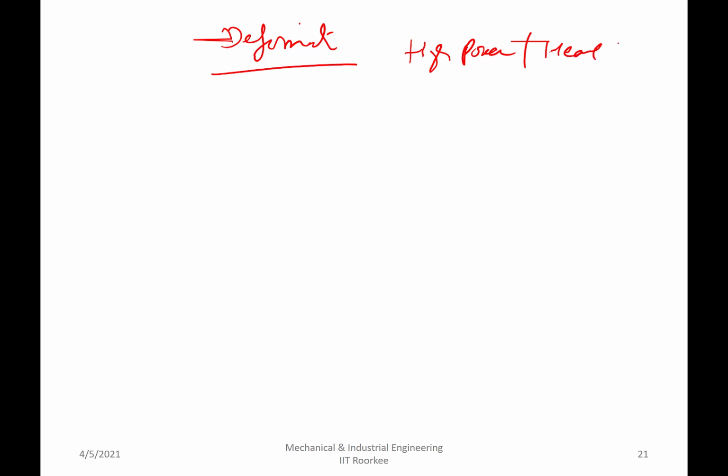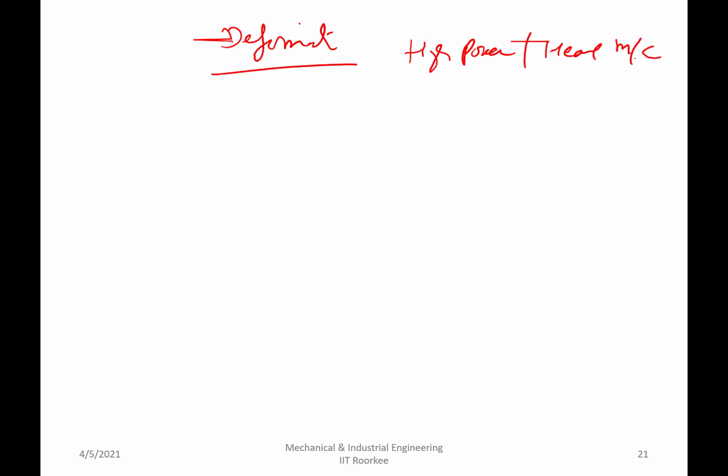Then we have the machinery, like the forging machine, extrusion machine, rolling machines, for realizing the deformation. Using suitable machinery, you are deforming the metal in solid state. You need very high power, very heavy and robust machines.